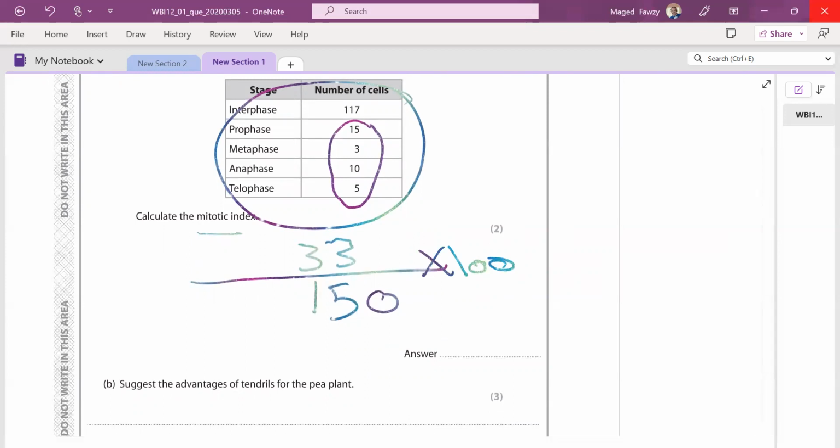You will find that the answer is almost 22%.